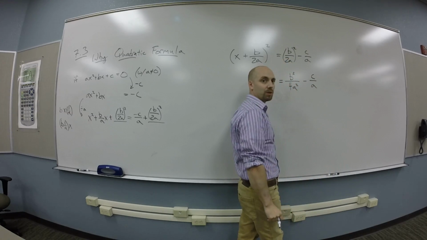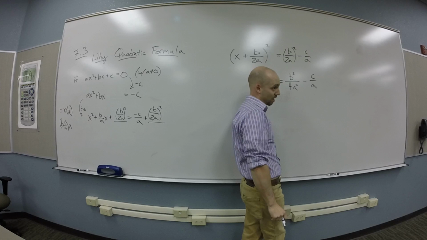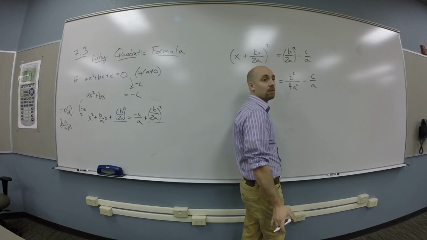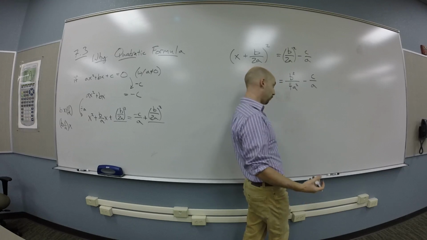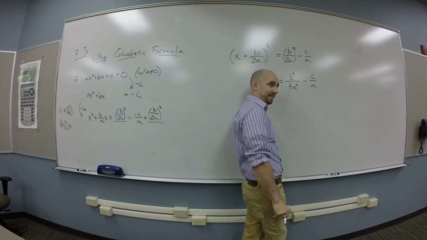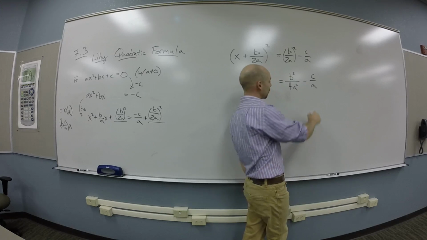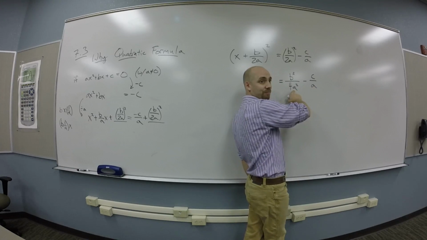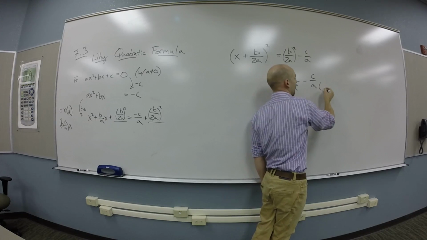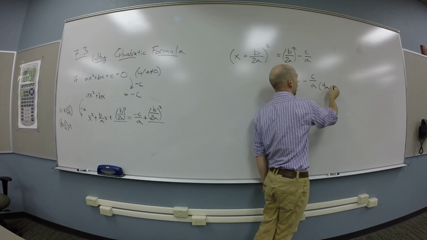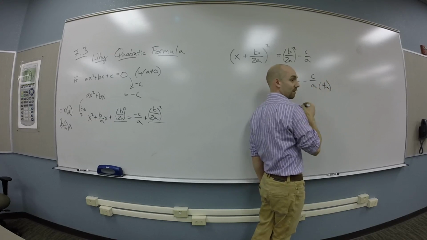Now, what do I want to do with these two so I can stick them together? I should try to find a common bottom, right? What's the common bottom between 4a squared and a? 4a squared, right? This thing's already got an a in it, in fact, it's got two of them. So you have to multiply c by 4a, and the top as well.